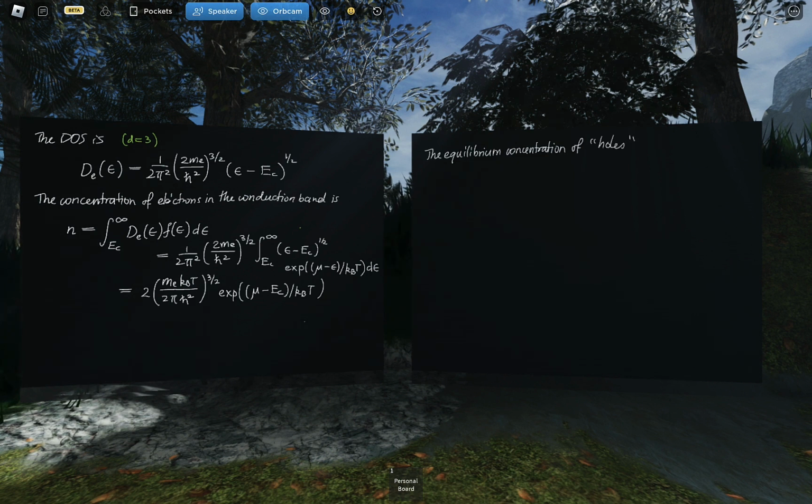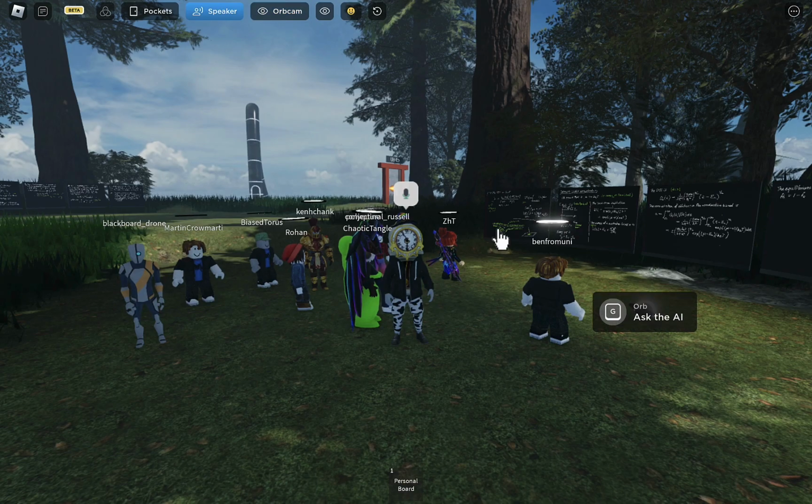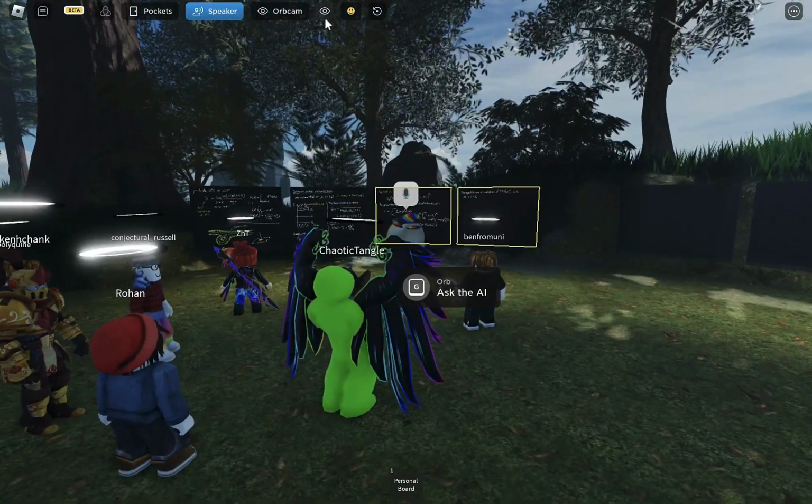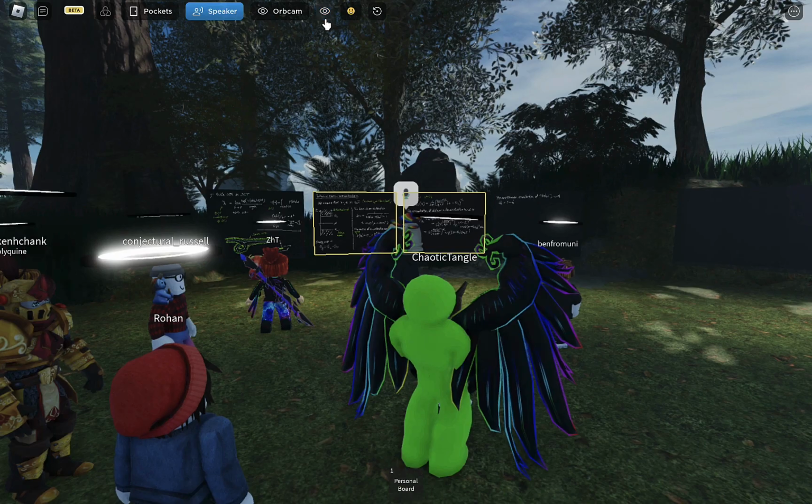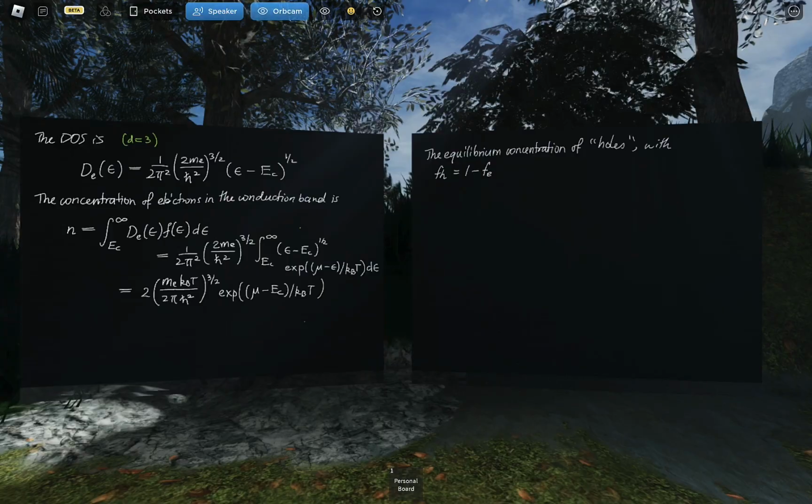I won't do it. So there's like an m_H for hole. Well, I need to know what F is. The density of states is going to be the same. But the F is just 1 minus the old F, right? The F for a hole is 1 minus F from above. I think I just wrote F, didn't I? Yeah, just 1 minus F.